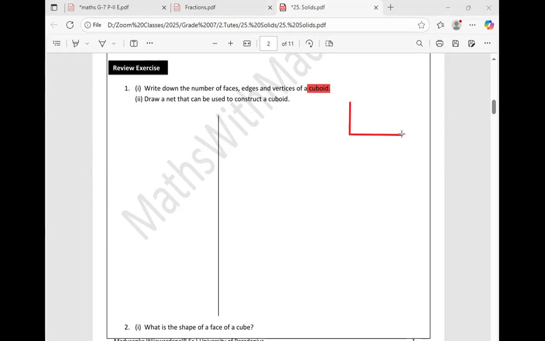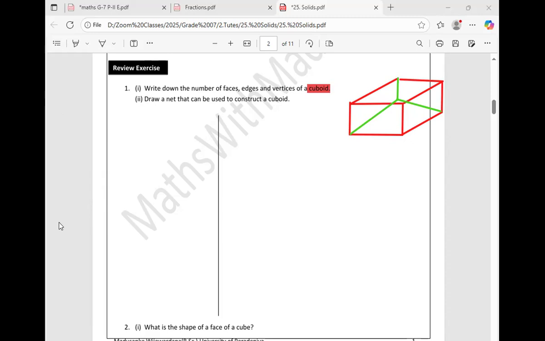So this is something like a cuboid, and I will draw the other side using the green color, like this side we cannot see.